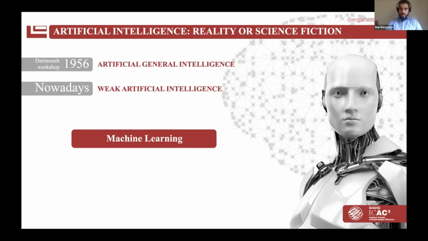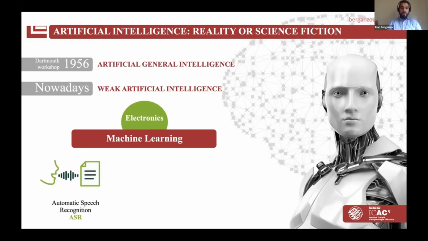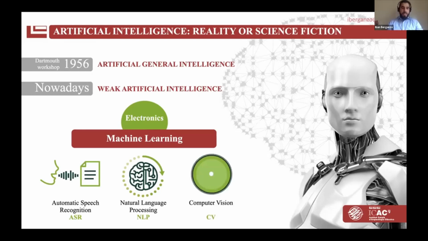But not only thanks to machine learning, also thanks to electronics, such as graphic cards, GPUs, and so on. The highlights that we achieve are in automatic speech recognition, natural language processing, and in computer vision. The last one is one of the most interesting for us because it's the one that is most useful in archaeology.